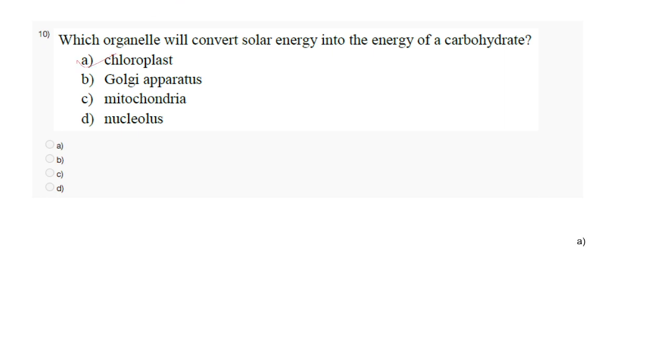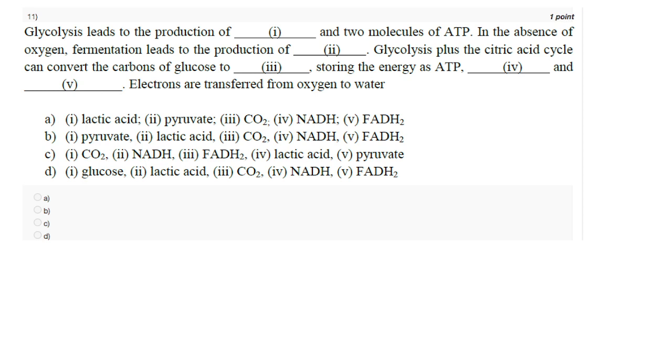Okay. Chloroplast must be found in plants. It is one of the organelles in plants, a specific organelle. Let me check one more thing.